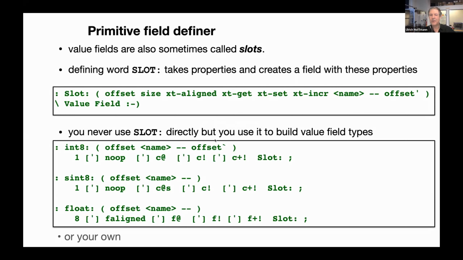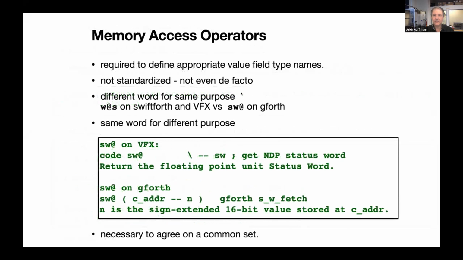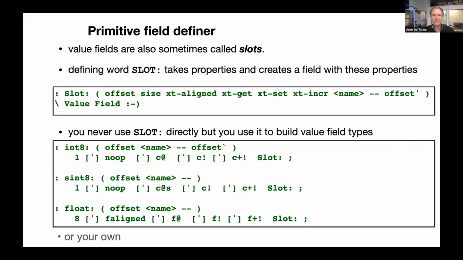It takes the properties of a field and it creates the appropriate field word. It's a field definer. And of course, we know we need to do the offset calculation. We want to know how large the field is. And then we want to get the value. We want to set the value.